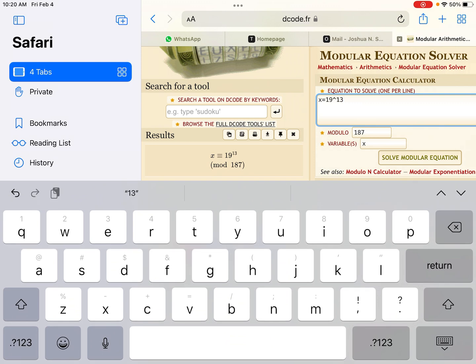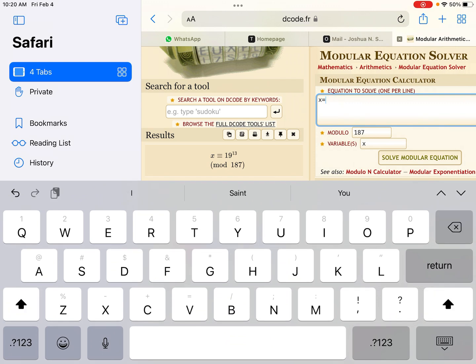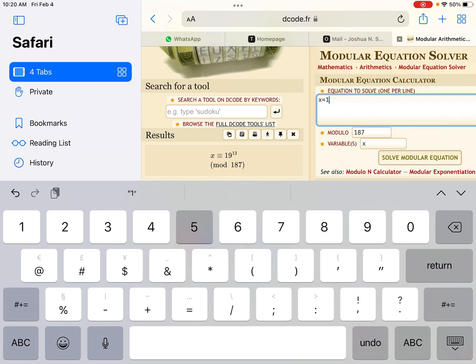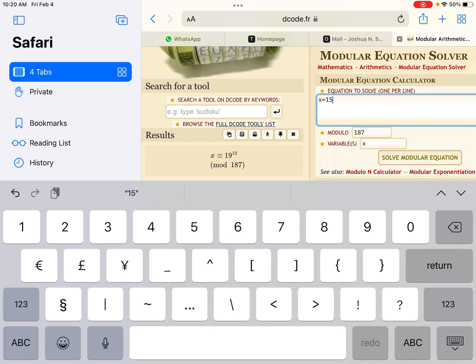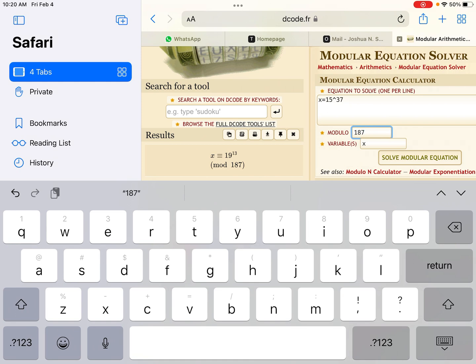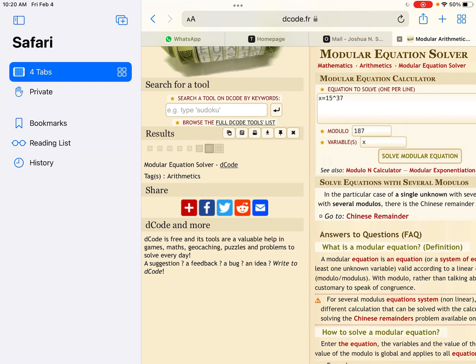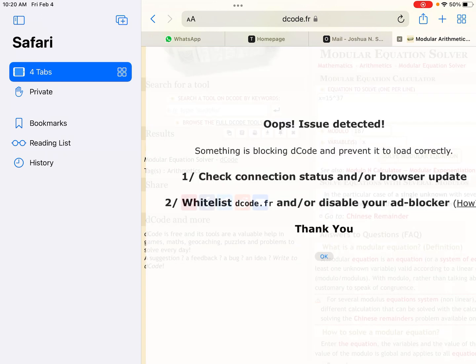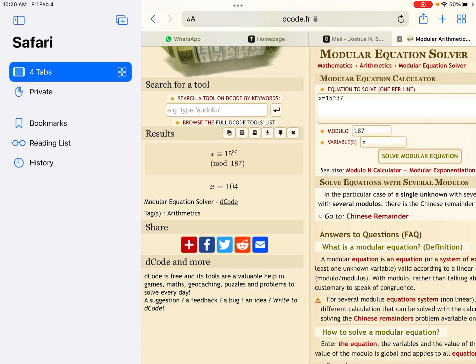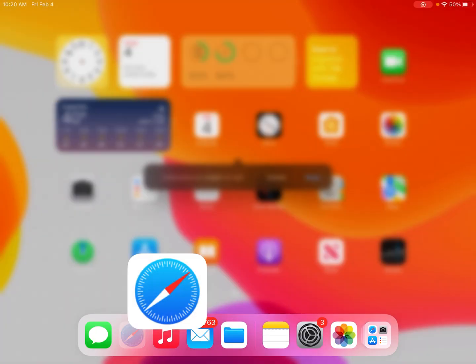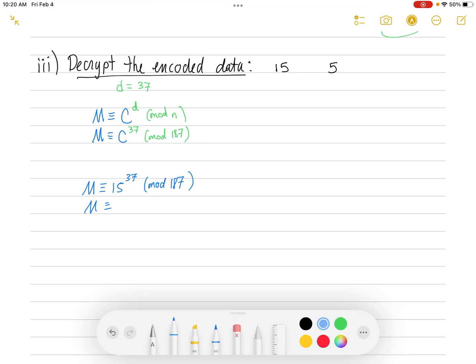Where is it? There it is. So I'm plugging in 15. I'm going to raise it with a caret to the 37 power. I'll make sure my modulus is 187. It is. And we're going to solve. And we'll probably get a pop-up on this machine. This iPad gets pop-ups a lot, it seems now. So we're getting x here reduces to 104.